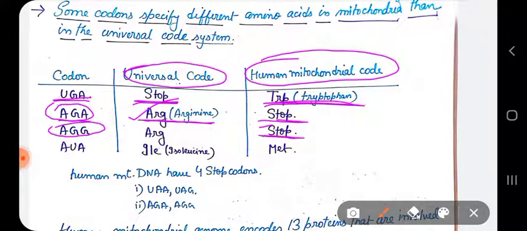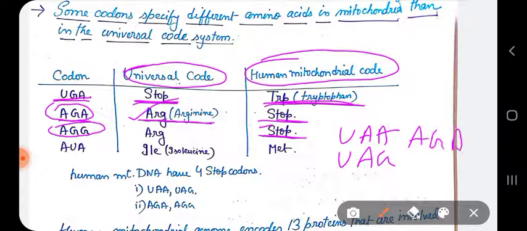So we can see about 4 stop codons in the human mitochondrial genome: UAA, UAG, and the other two that we can see here, AGA and AGG.